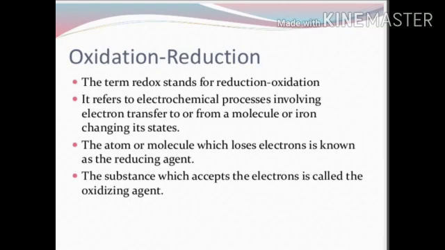Okay? The substance which gets reduced and oxidizes the other substance is called an oxidizing agent, while the substance which gets oxidized and reduces the other substance is called a reducing agent. Or simply, an oxidizing agent is a substance which gains electrons, while a reducing agent is a substance which loses electrons.